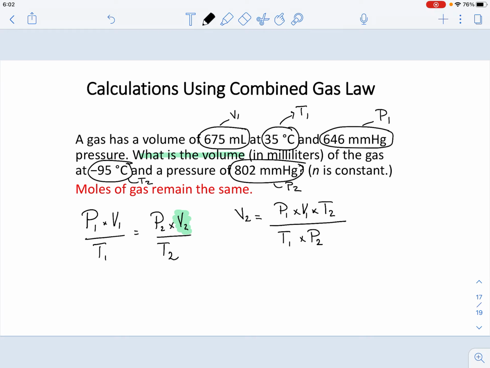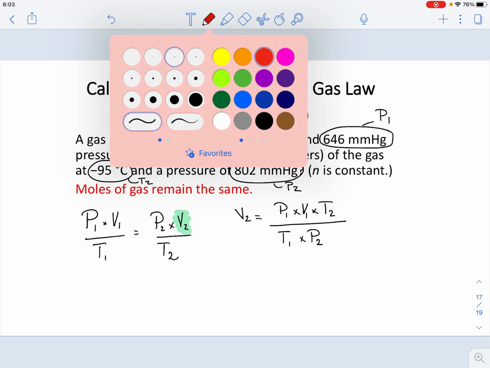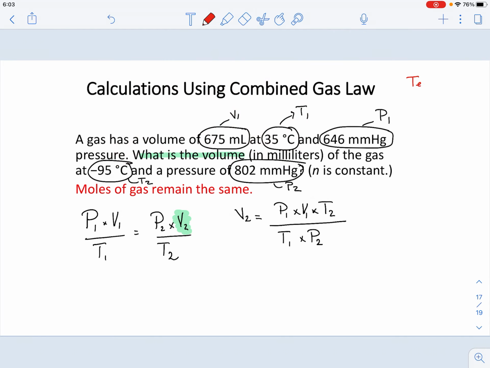Now, similar to what we saw in Charles' law and Gay-Lussac's law, understand that specifically we need to change those temperatures to degrees Kelvin. So this is another instance in which temperature must be converted to Kelvin units.